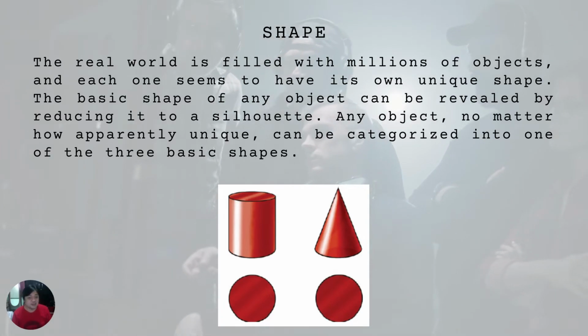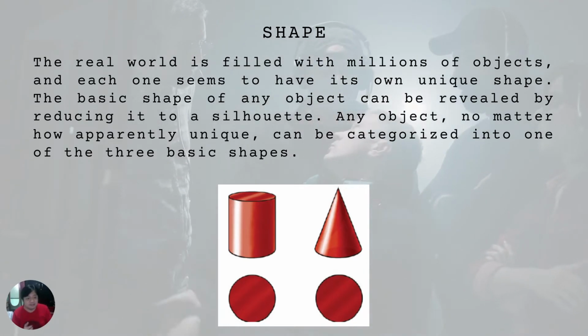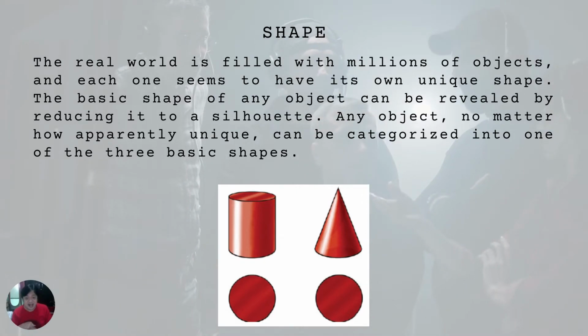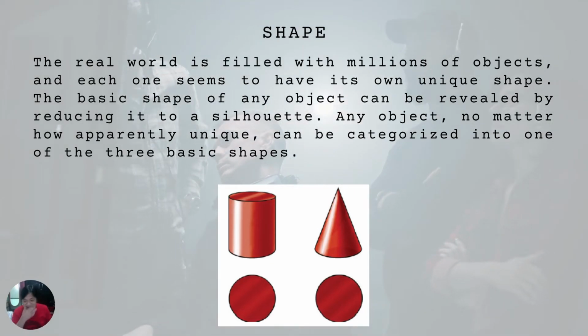Now, the basic shape of any object can be revealed by reducing it to silhouette. Any object, no matter how apparently unique, can be categorized into three basic shapes: the square, the equilateral triangle, and the circle.